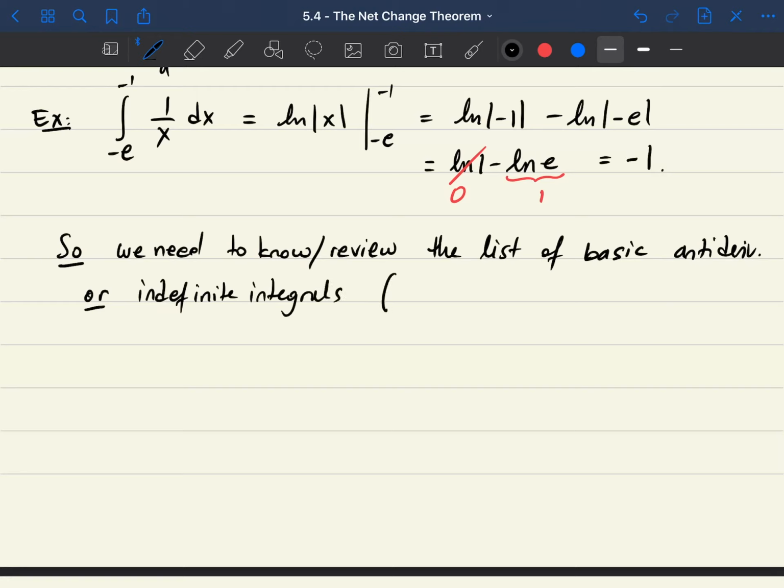And if you want, you can look at page 489 for the table that I was talking about.